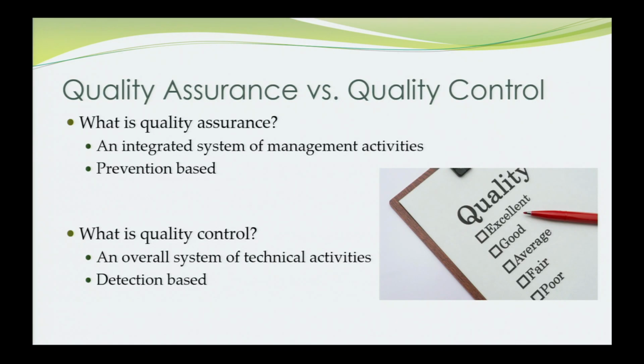It uses planning to ensure that quality data are achieved, and it uses processes, standards, and sometimes policies to accomplish that. So the goal here is to really prevent and eliminate errors before they occur rather than to identify and then correct them. Typical components include standard operating procedures, quality assurance project plans, documentation, and training.